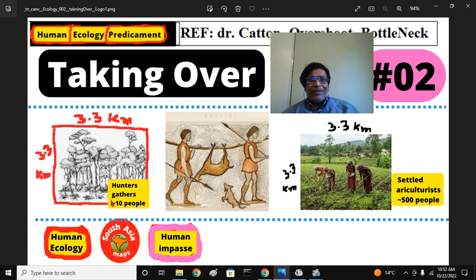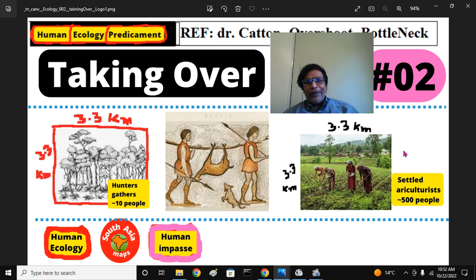Say previously there is a natural ecosystem, wilderness, where very few people, hunters and gatherers, lived. Take for example 10 people in, arbitrarily, about 10 square kilometers. Then when they cleared most of the forest and started agriculture farms, as settled agriculturalists, 500 people can live in that same area.